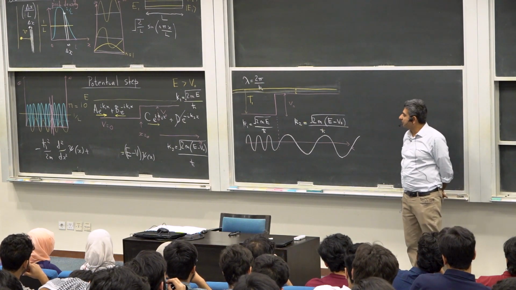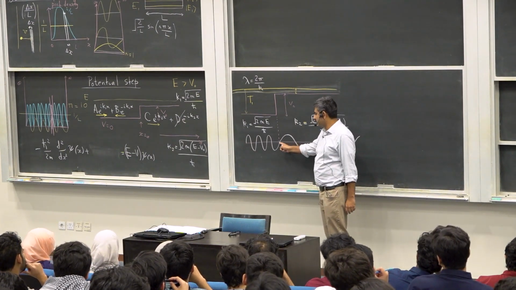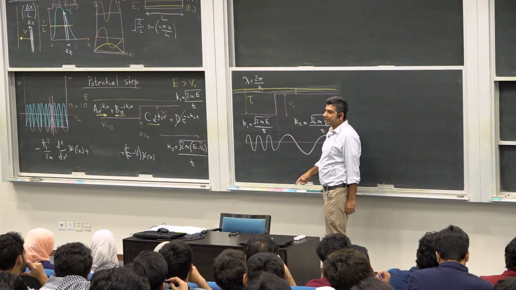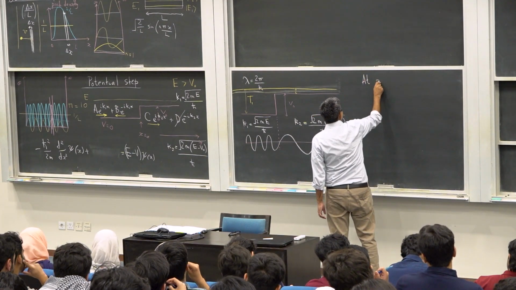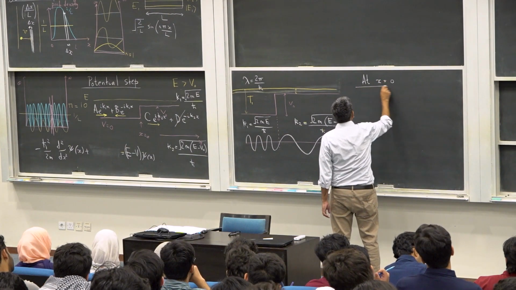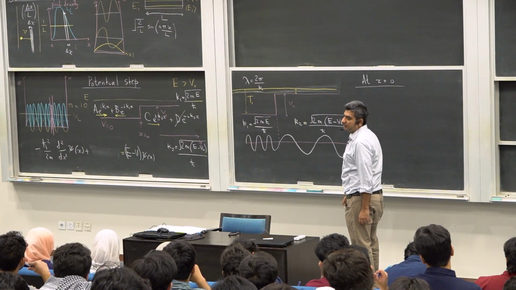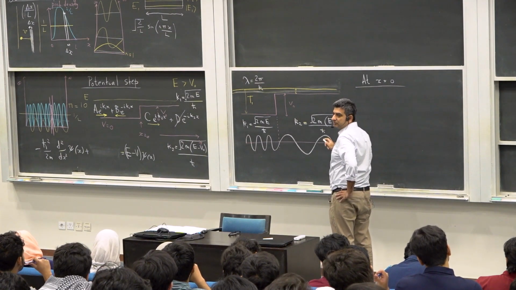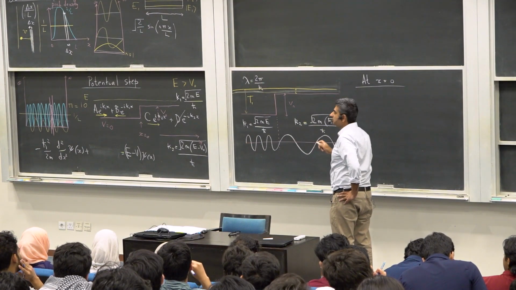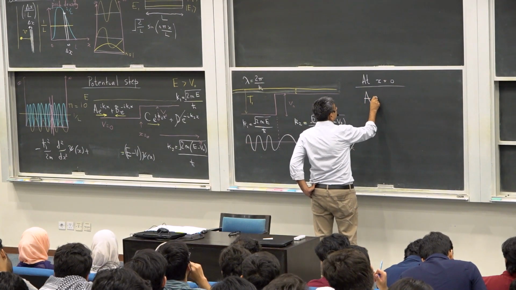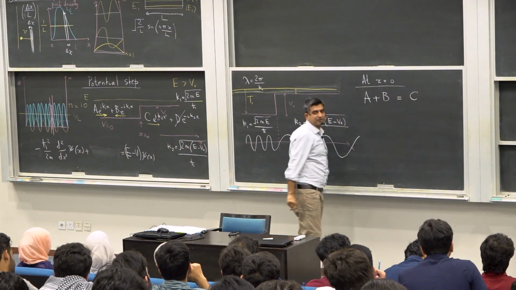The first boundary condition is at x equals 0, where the wave functions must match. What is psi 1 at x equals 0? If I put x equals 0, what is the first wave function? A plus B. What does this equal to? C. This is my first equation.